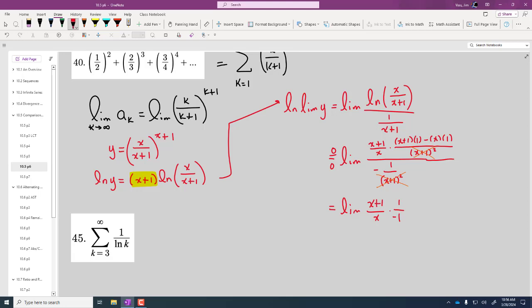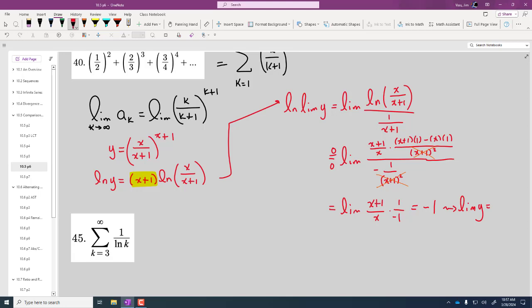And this limit, as x goes to infinity, is negative 1. So we've got the negative right here that's going to be preserved, and the limit of this fraction is 1, so the overall limit is negative 1, which tells us that the limit of the log of y is negative 1.